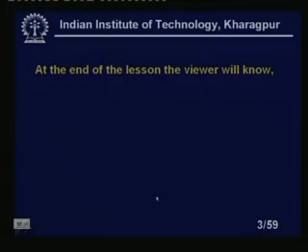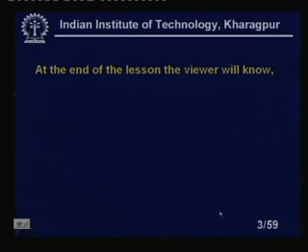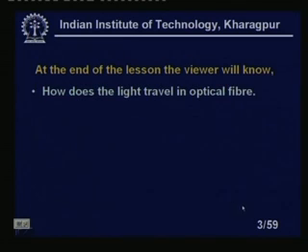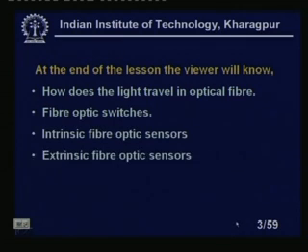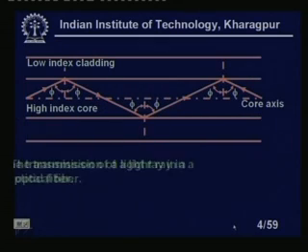Please note that in this lesson sometimes I will say cable, but cable means basically optical fiber, nothing other than that. At the end of the lesson, the viewer will know how the light travels in the optical fiber, fiber optic switches, intrinsic fiber optic sensors, and extrinsic fiber optic sensors.